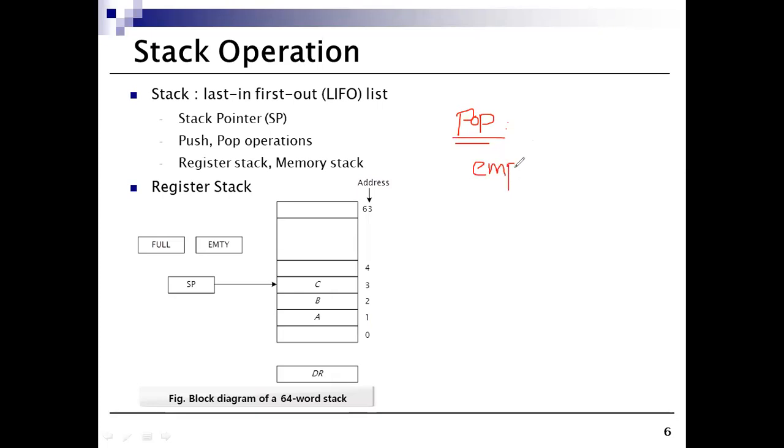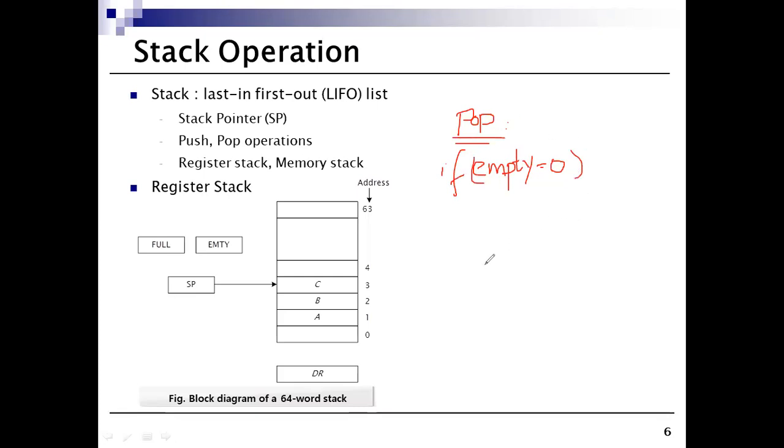When it's in between and last, if the empty flag is 0, then only you are eligible for performing a pop operation. It's a valid pop operation. If empty is 1, it means the stack is empty. There is nothing in the stack to remove. Am I correct? Yes, ma'am. So if empty is 0, then only you can perform your pop operation.